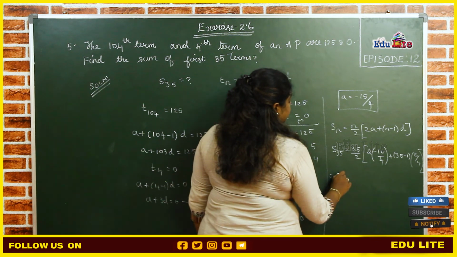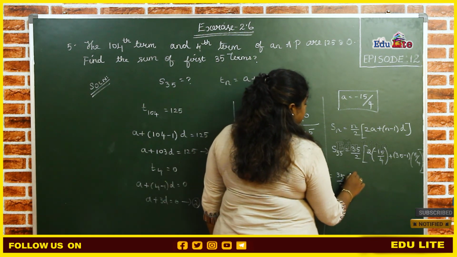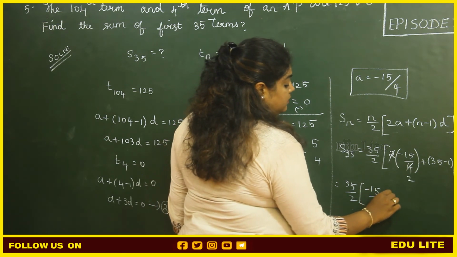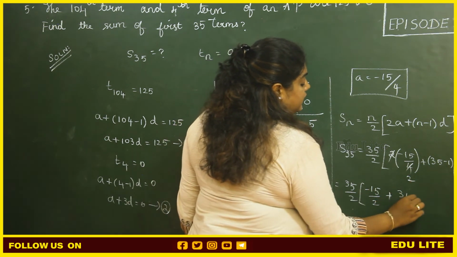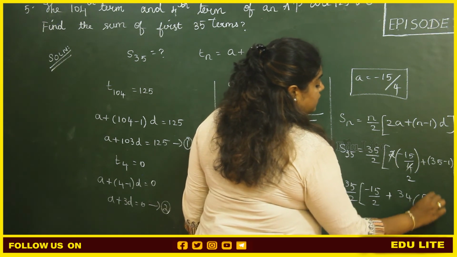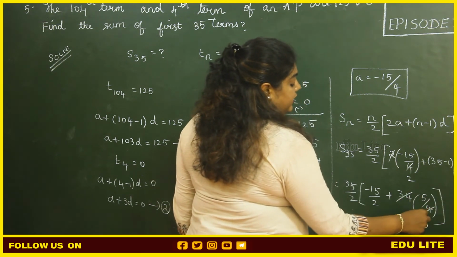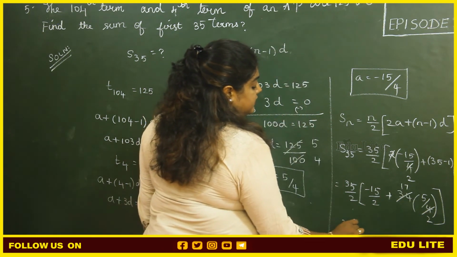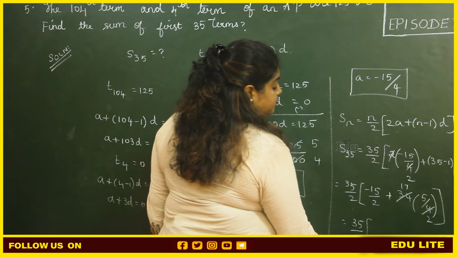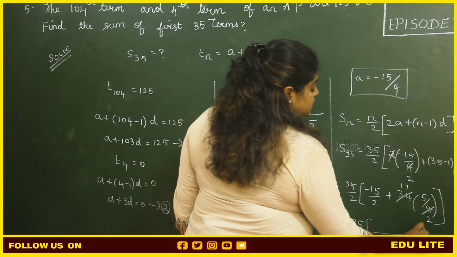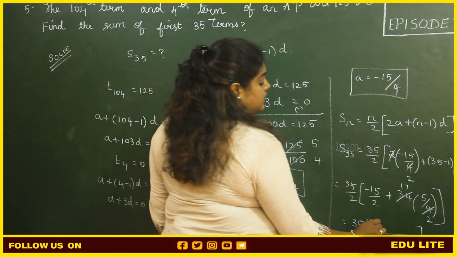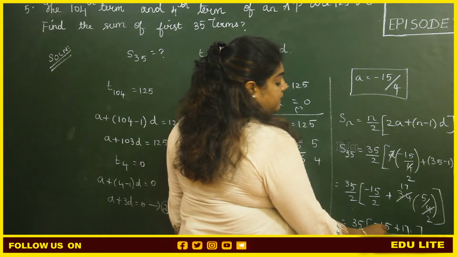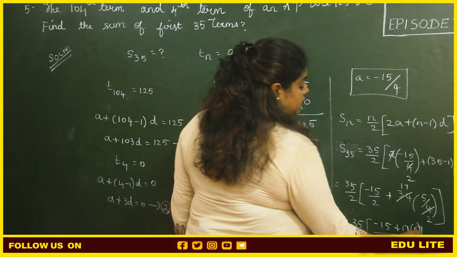So S35 equals 35 by 2. If we cancel this, we will get minus 15 by 2 plus 34 into 5 by 4. In two tables, we will get 17 times, this is 2 times. So 35 by 2 into both the denominators as 2. So let us simplify the numerators directly. Minus 15 plus 17 into 5.